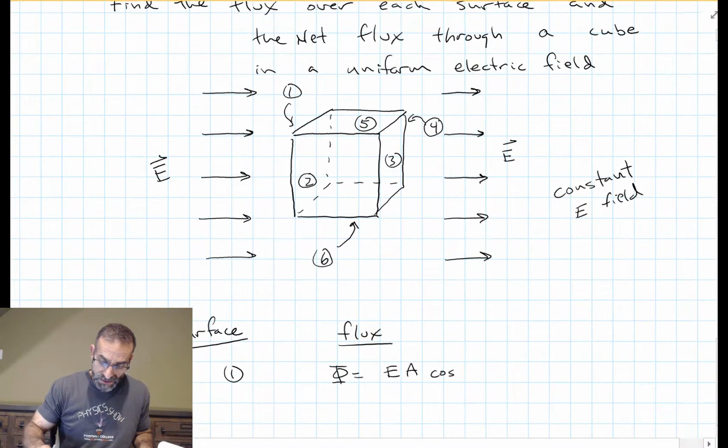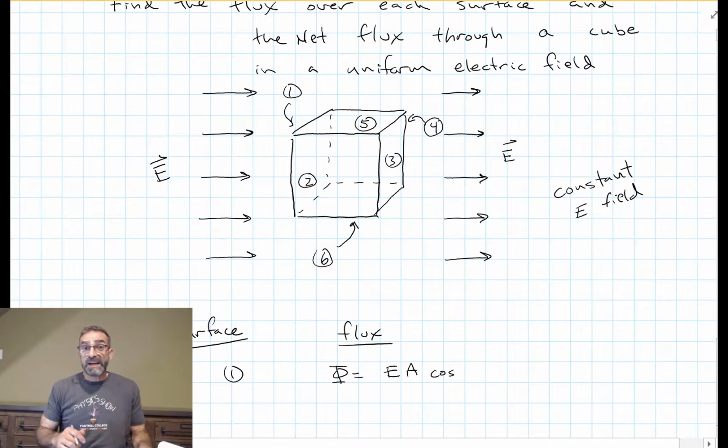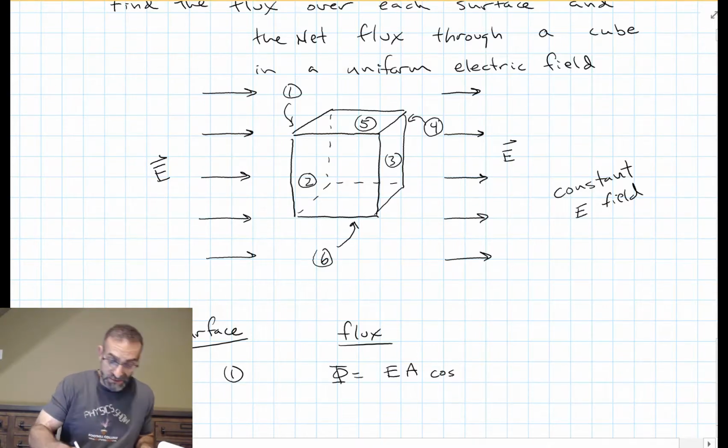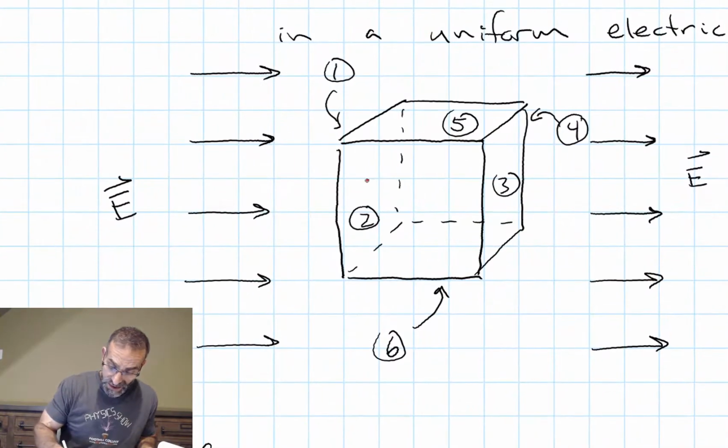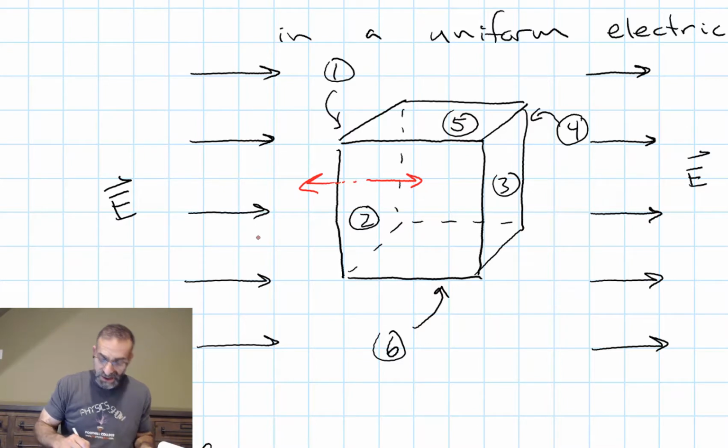And we have to come up with a definition here, don't we? Because we have a surface sitting here, and we know the area vector is perpendicular to that surface. But does it point in this direction, or does it point in that direction?